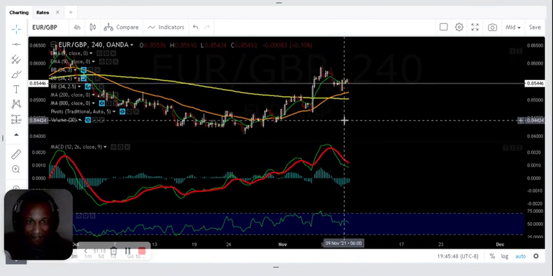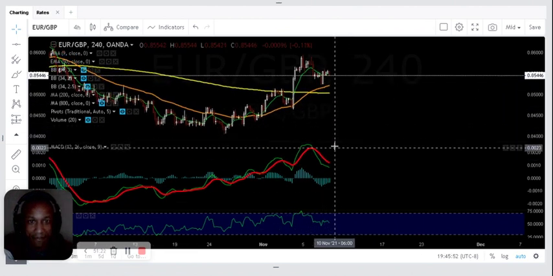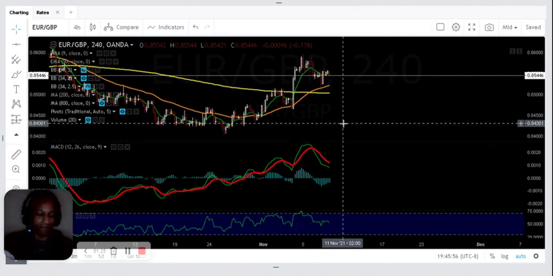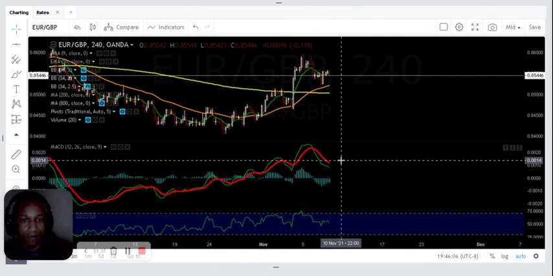I just get excited when I think we see it. Price, yeah, I don't see it. MACD. So we had a cross down, but it's above the histogram.